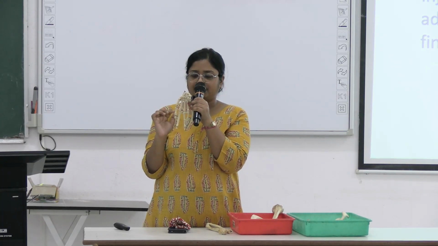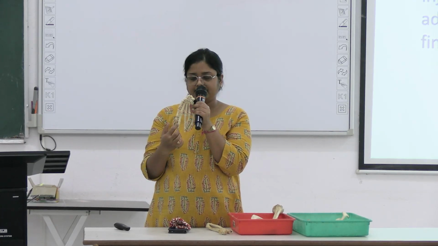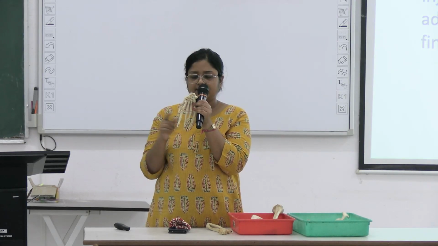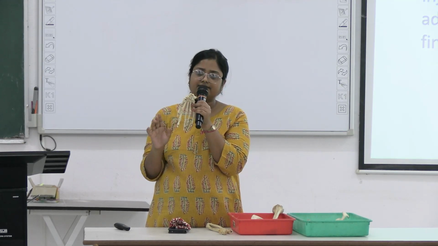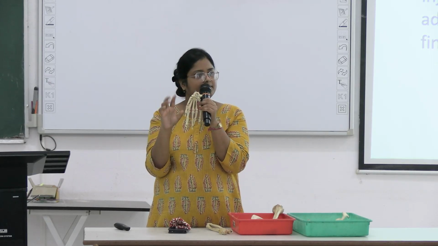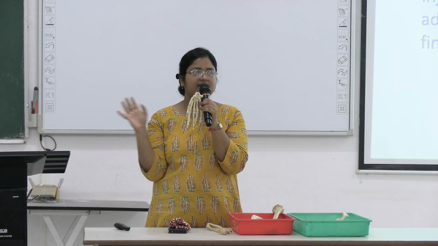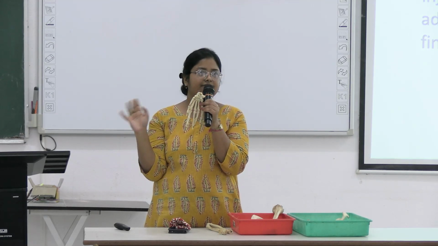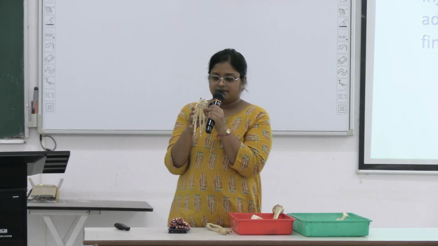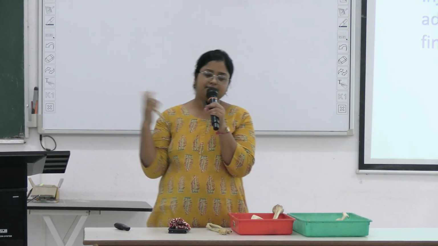Phalanges: proximal and distal for the thumb, and proximal, middle and distal for the other four fingers. So total 8 carpal bones, 5 metacarpal bones and 14 phalanges, total 27 bones forming the skeleton of the hand.